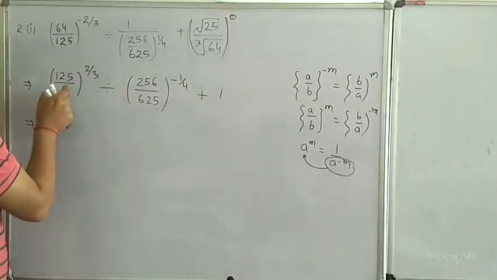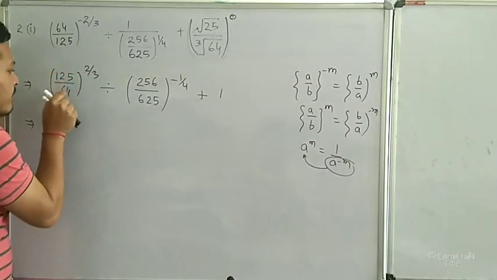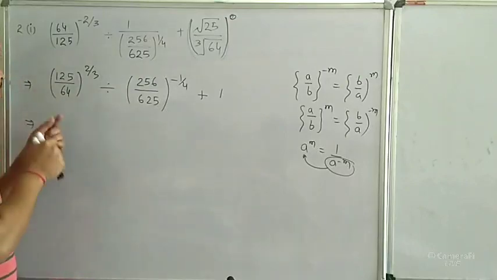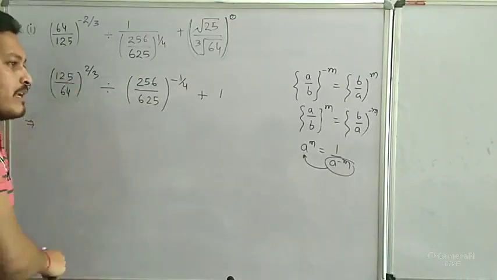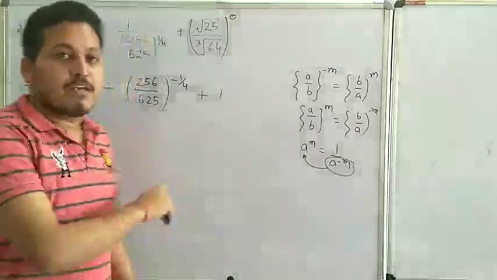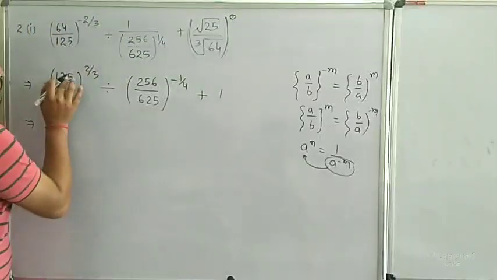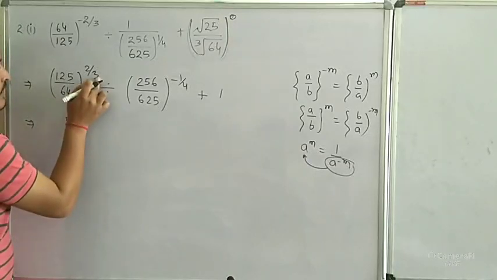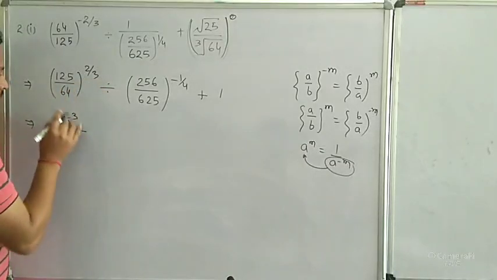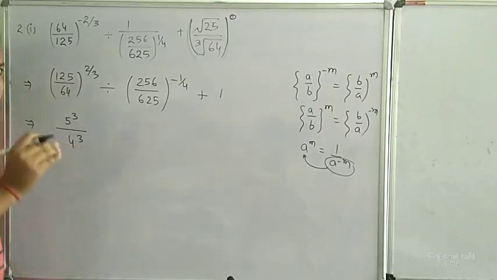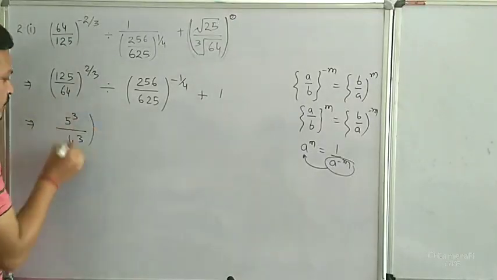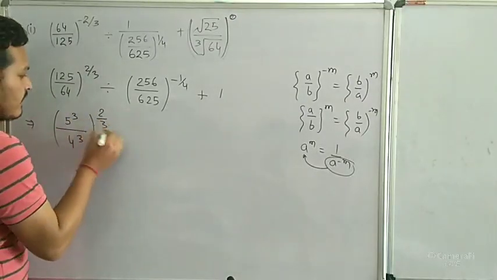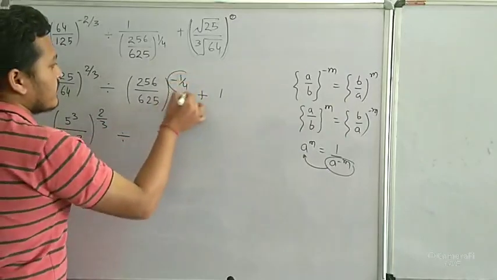When we decrease the size of 125 and 64, that is, when we write these numbers again in exponential form, in the smallest base, we can write this part as 5 to the power 3. So this 3 can cancel out the power of 3. Similarly 4 to the power 3: 4 fours are 16, 4 sixteens are 64, and whole to the power 2 by 3. Then divided by, remove this negative sign.